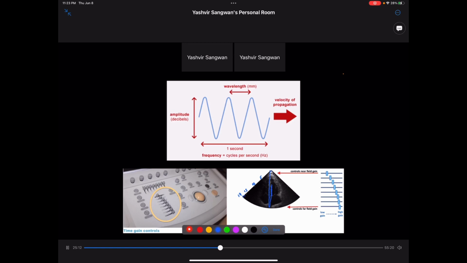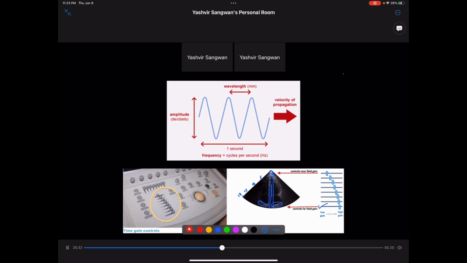So in order to improve the imaging of structures that are far away from you, you might want to increase the gain of this area so that the sound coming back from here is amplified and can get registered by the piezoelectric crystal.